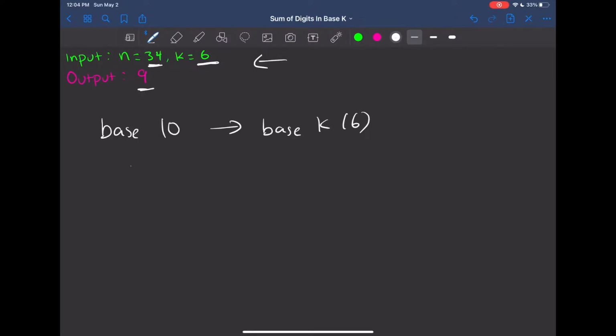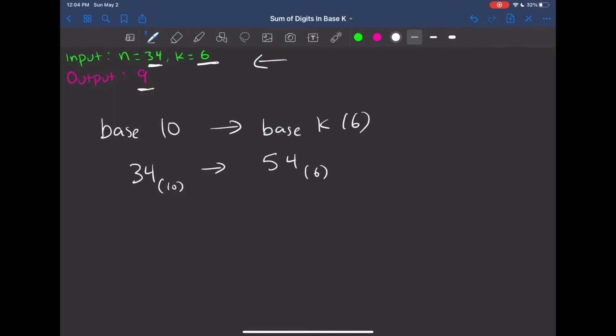And converting 34, which is a decimal of base 10 once again, to a base of 6, that actually is 54. And I'll explain how we get this in a little bit. But just trust me that we're going from 34 of base 10 to 54 of base 6.